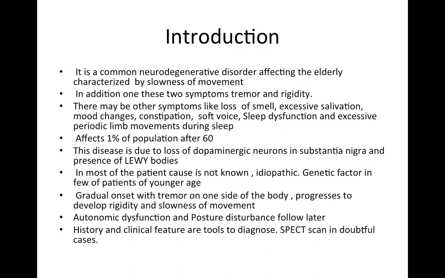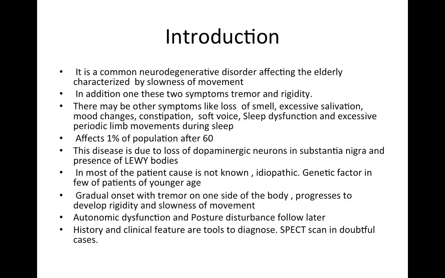There may be other symptoms like loss of smell, excessive salivation, mood changes, constipation, soft voice, and sleep dysfunction. Sometimes excessive periodic limb movements during sleep. Some of the patients do experience this particular symptom.